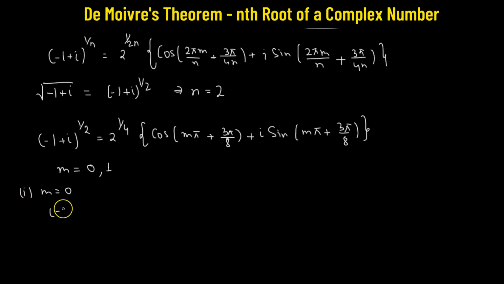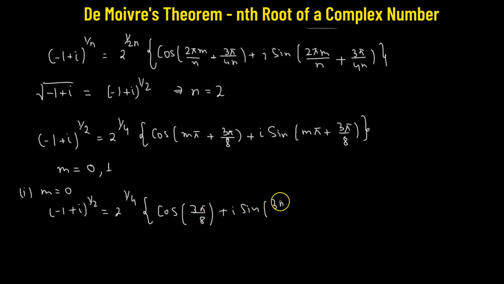This means that negative 1 plus iota whole raised to the power of half, or the square root of negative 1 plus iota, will be 2 raised to the power of 1/4 multiplied to cosine of 0 times pi, which is 0, plus 3 pi over 8, plus iota times sine 3 pi over 8.